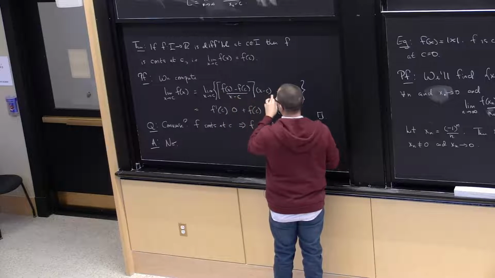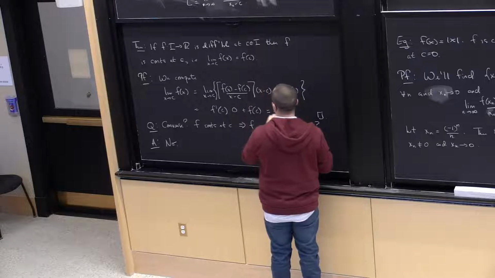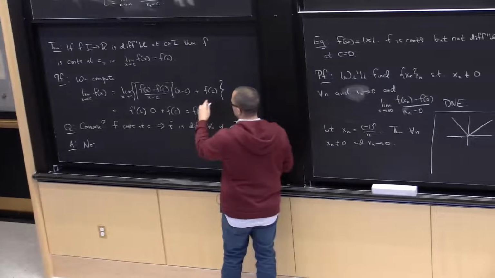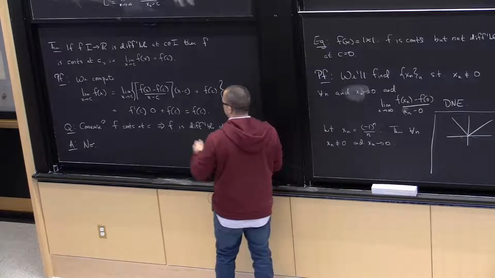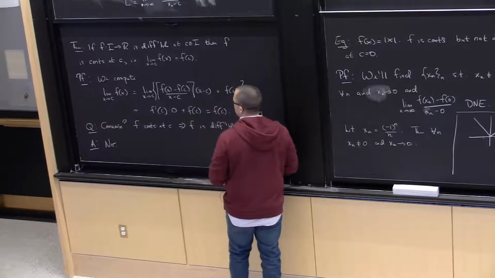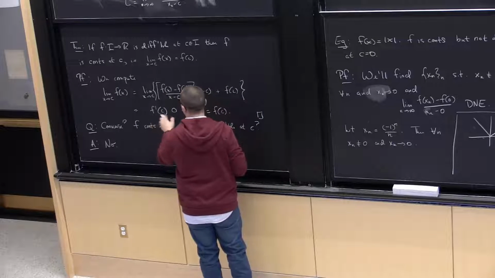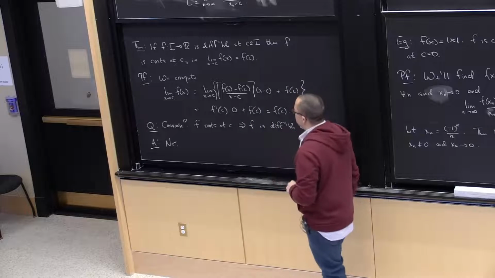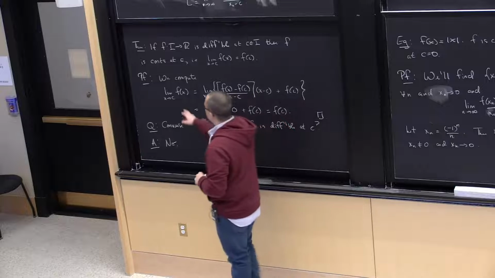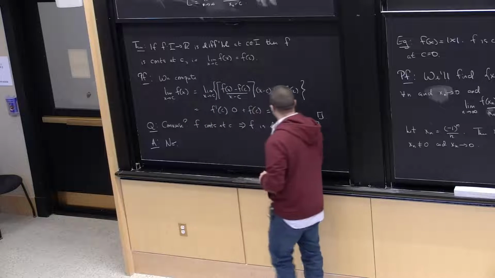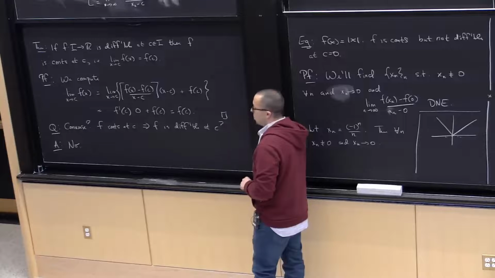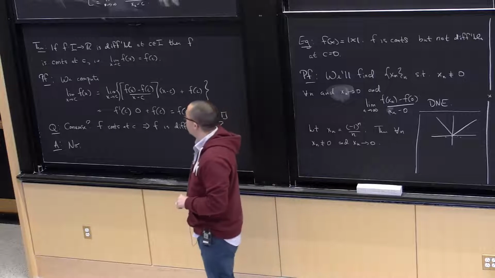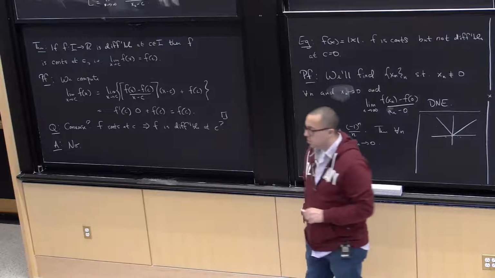The limit of x minus c is just 0. And f of c is just a constant, there's nothing changing with x, so the limit of a constant is that constant. So the limit of this whole expression is f prime of c times 0 plus f of c, which equals f of c. So we've just proven that the limit as x goes to c of f of x is equal to f of c, which is what we wished to prove. Okay? And therefore, a function which is differentiable at a point must be continuous at that point. Okay?